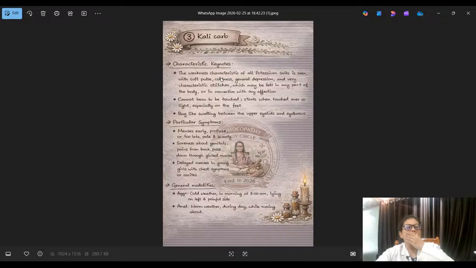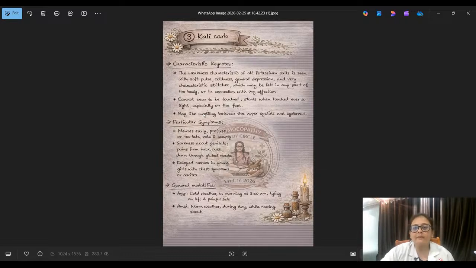See, there is a triad of symptoms in Kali carb: weakness, pain in the back, and coldness. Pain in the back with weakness, and sweating and prostration. These are the characteristic symptoms of Kali carb.